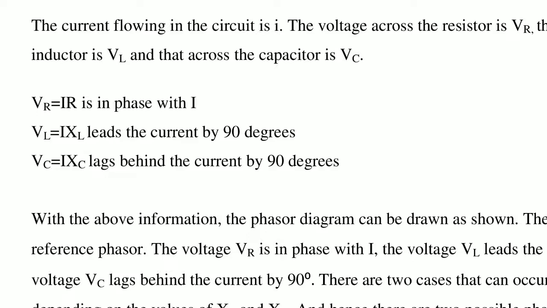VC is equal to I into XC, VC lags the current by 90 degrees.